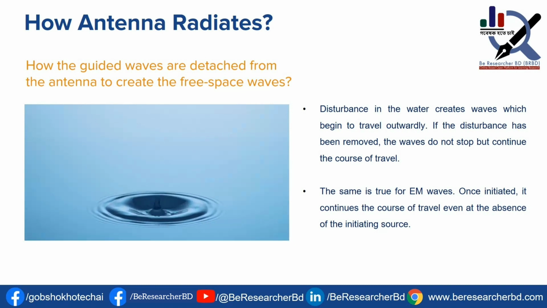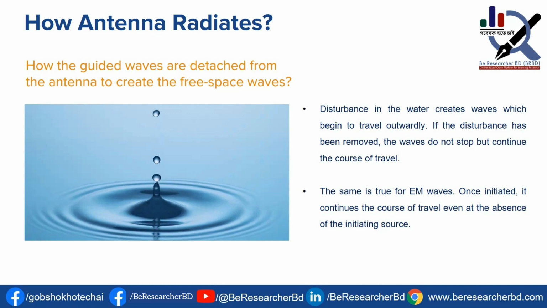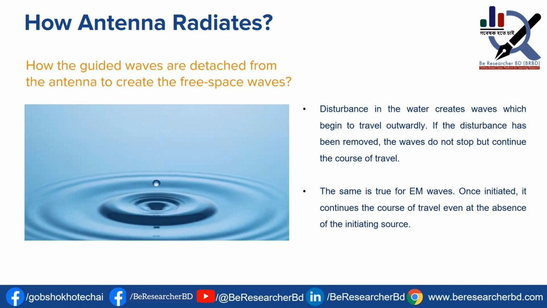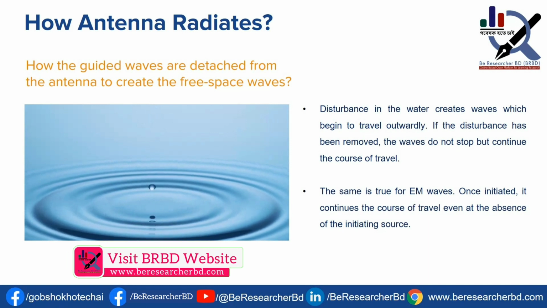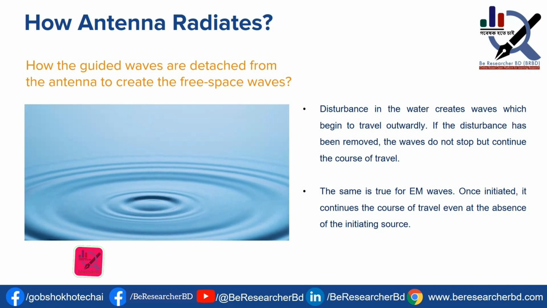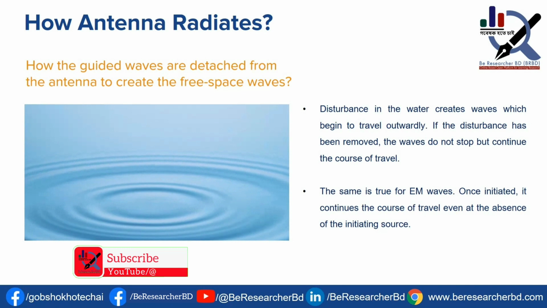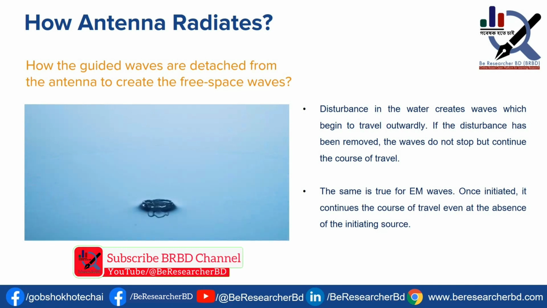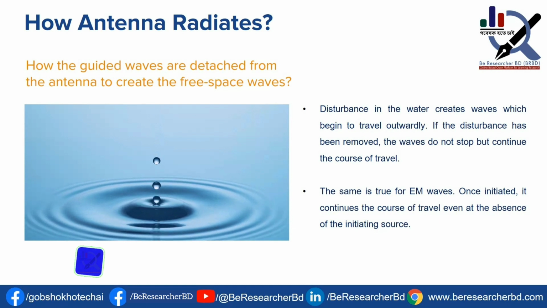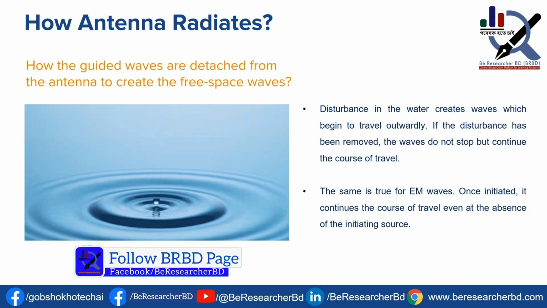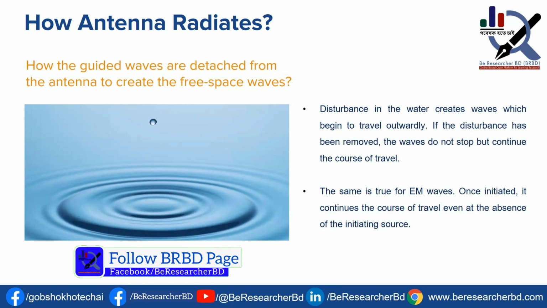The same is true with the electromagnetic waves created by an electric disturbance. If the initial electric disturbance by the source is of short duration, the created electromagnetic waves travel inside the transmission line, then into the antenna, and finally are radiated as free space waves, even if the electric source has ceased to exist.